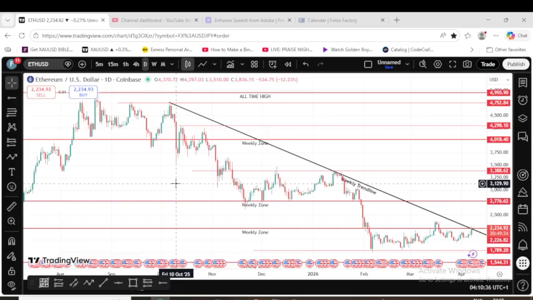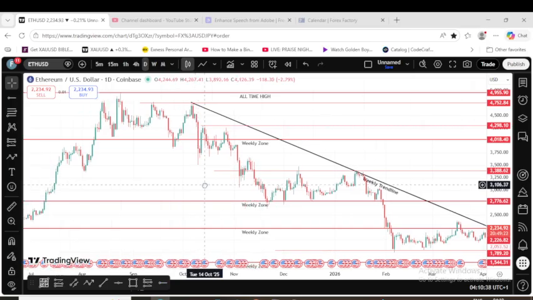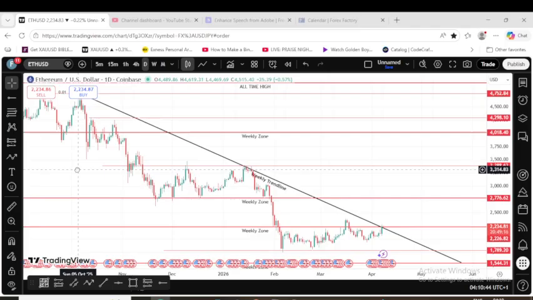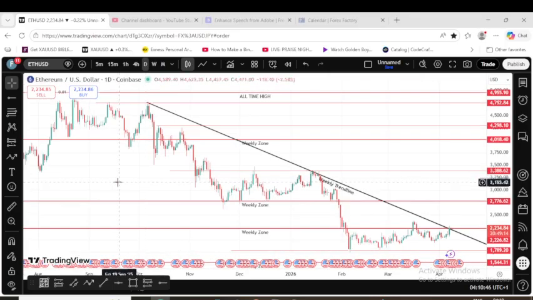So since we've identified our daily zones, our zones on this time frame, and as for trend lines, there aren't really any more trend lines to identify on this time frame.